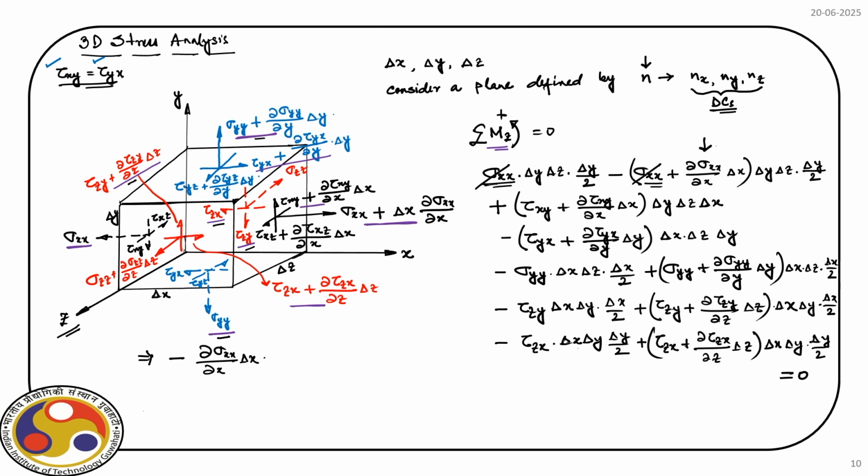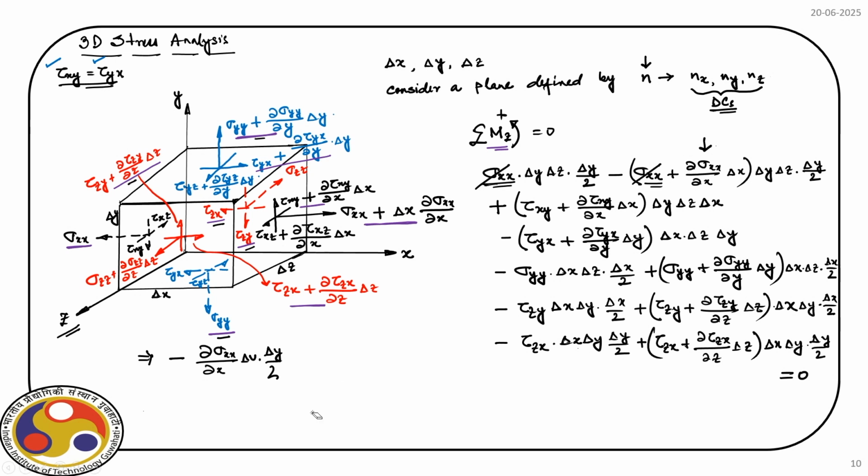So, we have delta x, delta y, delta z times delta y by 2. Now, what is this quantity? This is delta v. So, let us modify. So, delta v times delta y by 2, that is the lever arm.